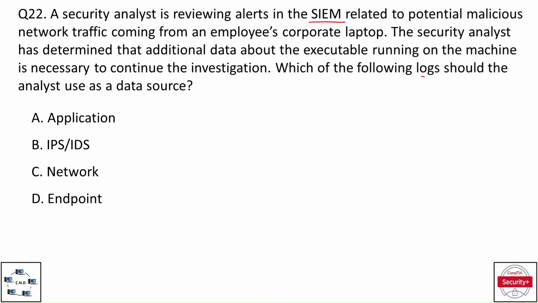Which of the following logs should the analyst use as a data source? And the options are option A, application, option B, IPS/IDS, that is intrusion prevention system and intrusion detection system, option C, network, and option D, endpoint. And the correct option is option D, endpoint.